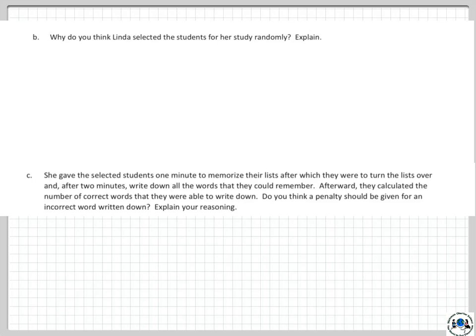So why do you think Linda selected the students of her study randomly? Okay, well, this idea of random assignment is done to help ensure that groups are similar to each other. This randomness is just very important.